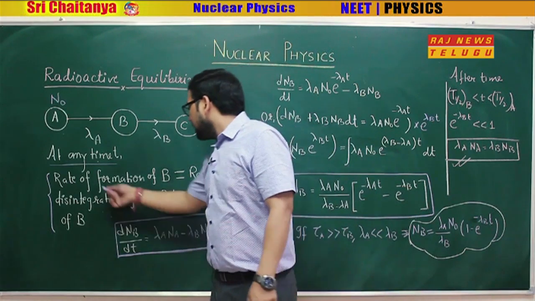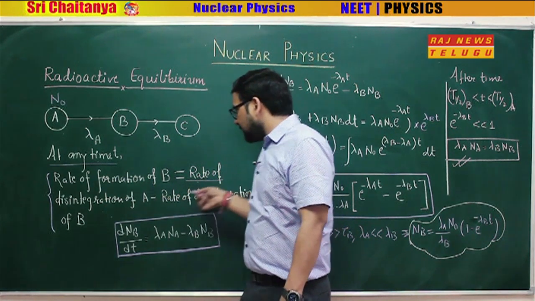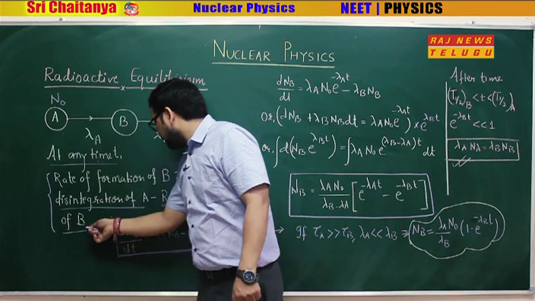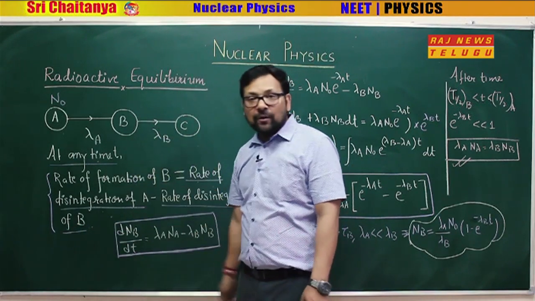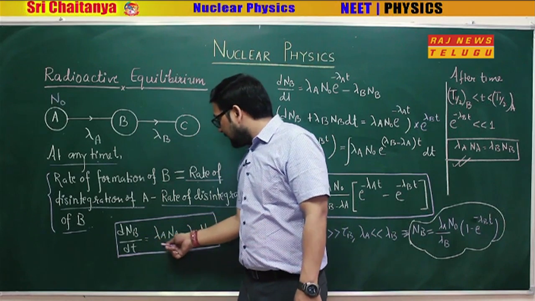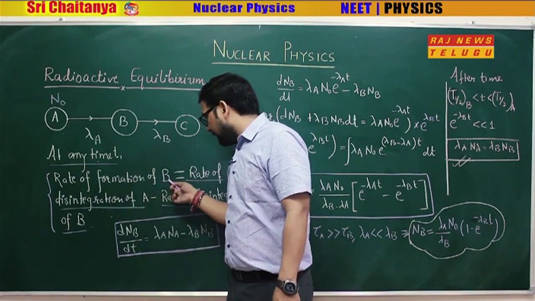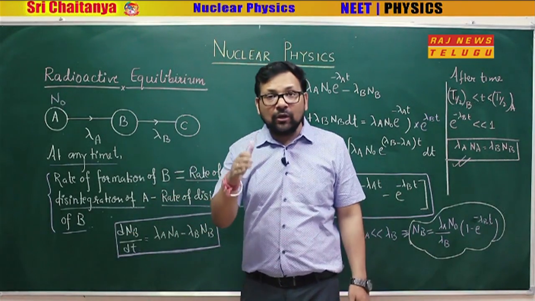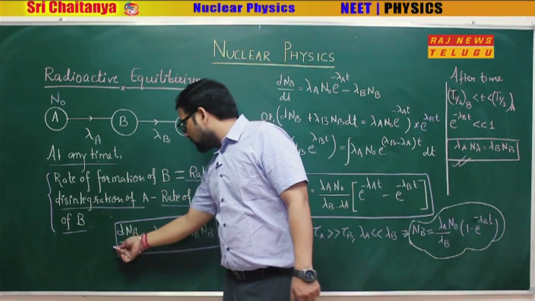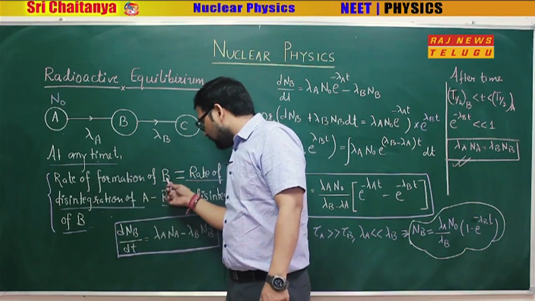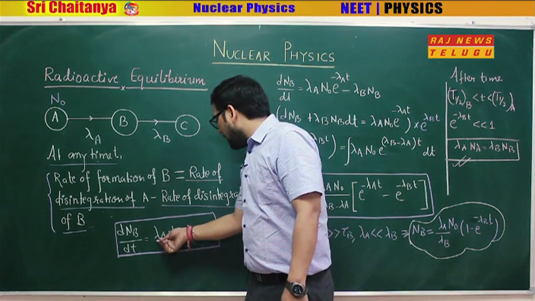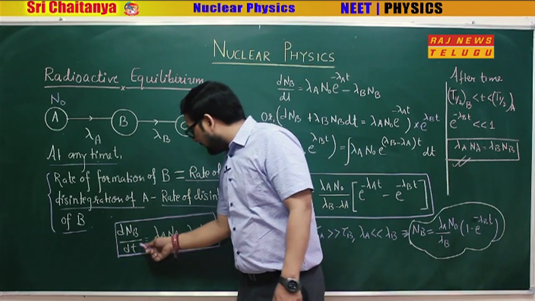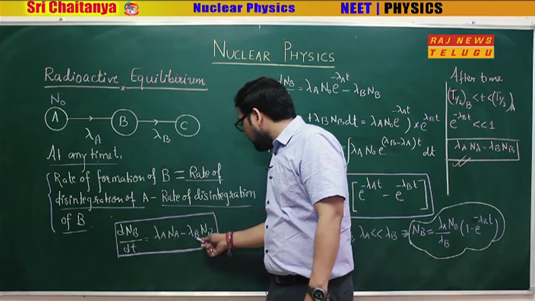So we can say rate of formation of B is rate of disintegration of A minus rate of disintegration of B. In differential form we can write dNB by dt is the rate of formation of B. You can see here there is no negative sign, because we are talking about the formation, not about the disintegration. This is a positive one. dNB by dt, rate of formation of B, is lambda A NA minus lambda B NB.